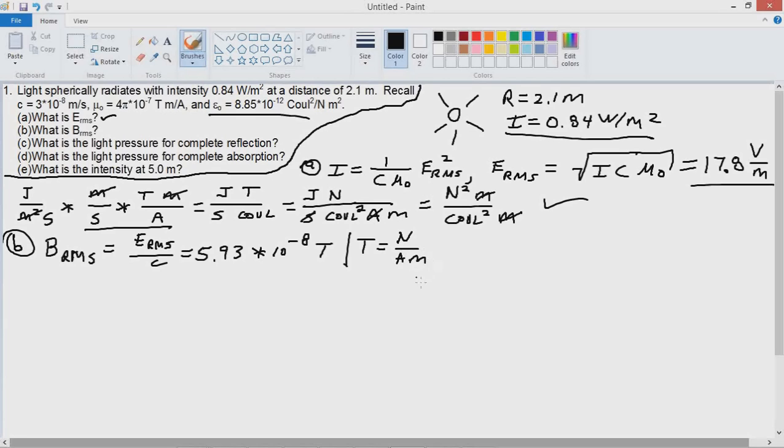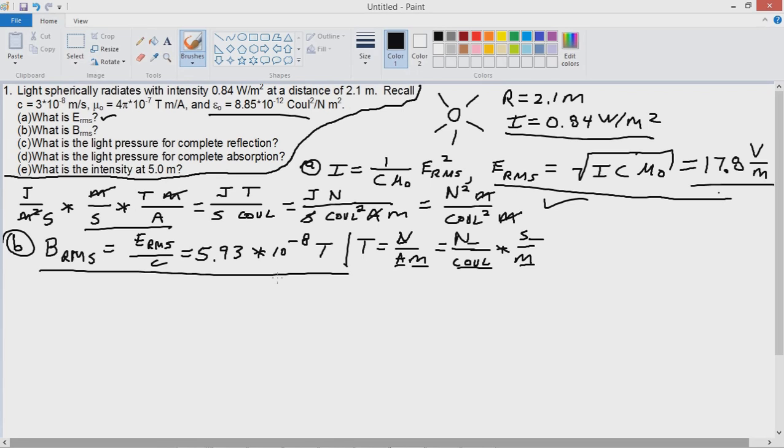So that should equal ERMS, which is Newton per Coulomb, the electric field, times meter, that's the reciprocal speed of light. So everything works out. Coulomb per second is an amp. Here's the meter. Here's the newtons. Everything's cool. So I'm convinced of my units, and I'm convinced of my numbers in both cases.